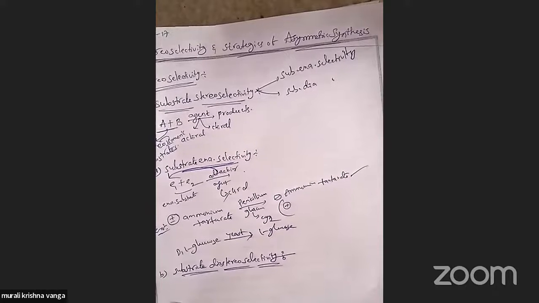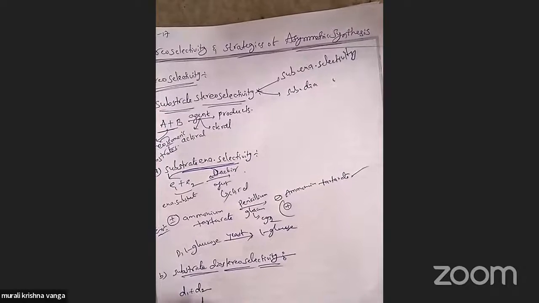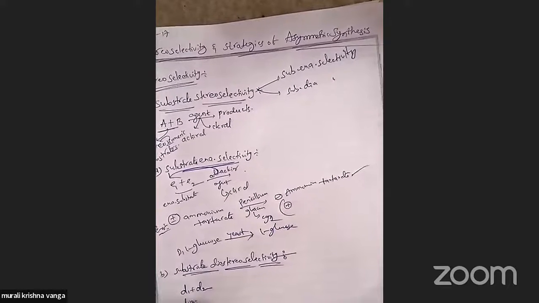The substrate must be diastereomers. The attacking agent may be chiral or achiral, and the product may be chiral or achiral. The reaction starts with a mixture of diastereomeric substrates.